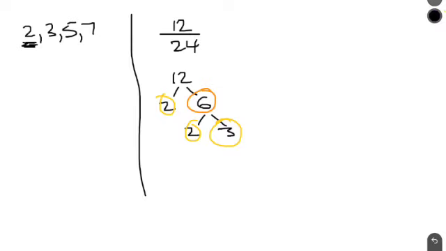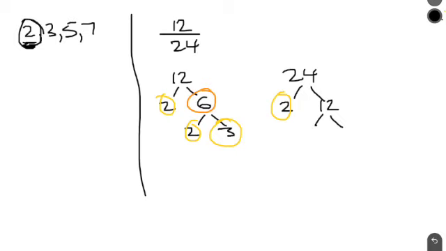Now let's look at 24. For the prime factorization of 24, we look at 2, the lowest prime number. 2 times 12 equals 24. So this number is all set. We now continue on to 12.